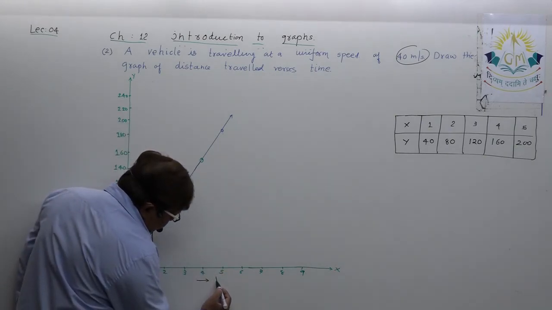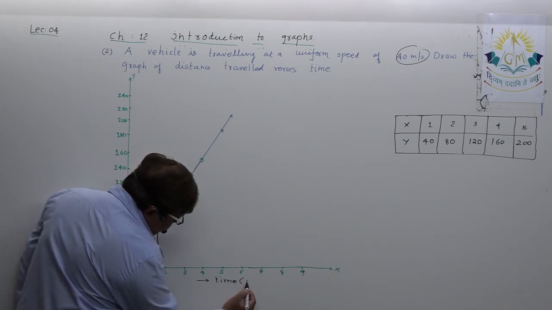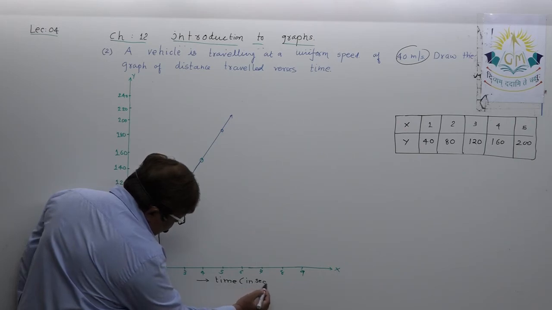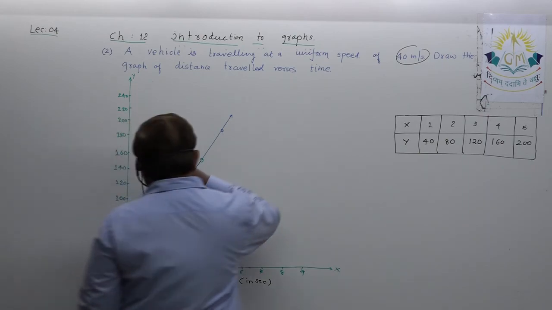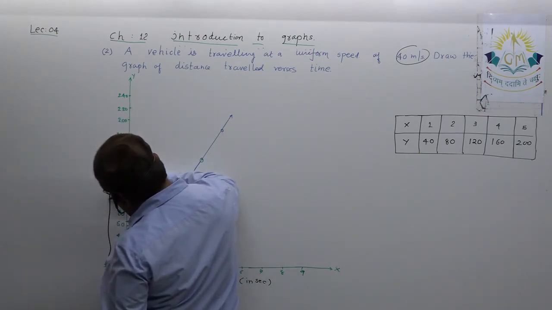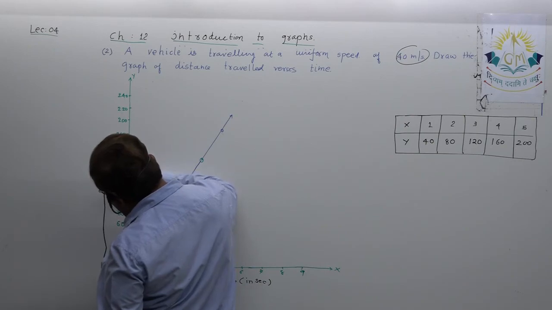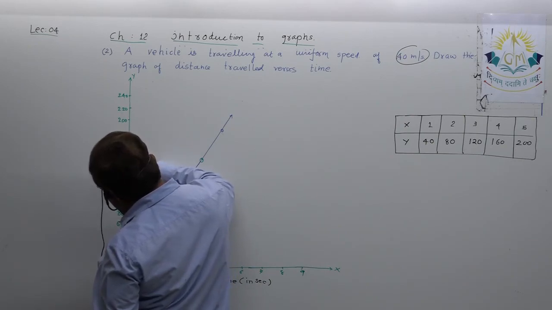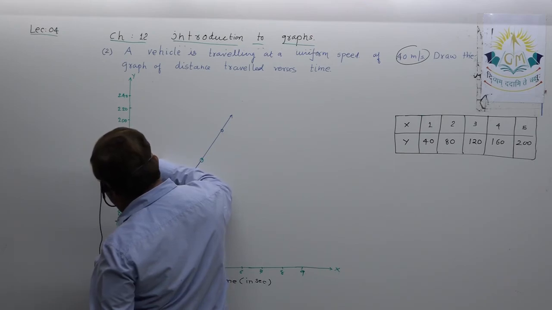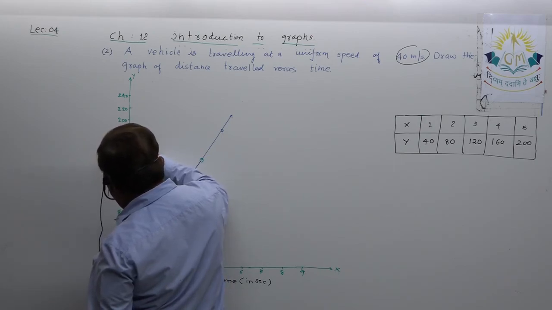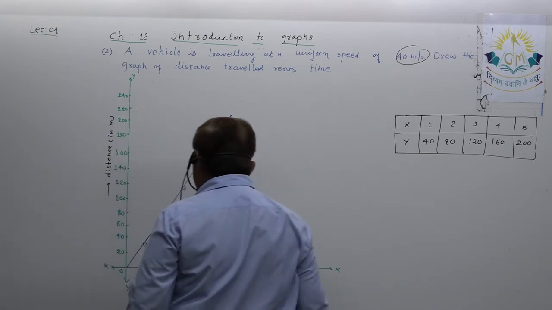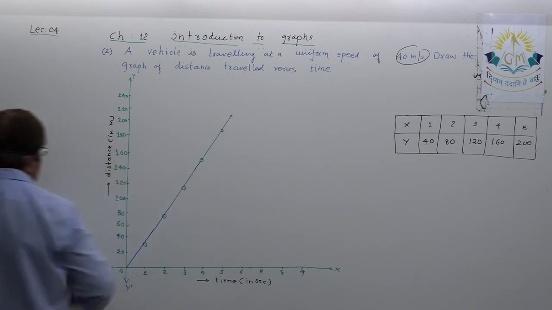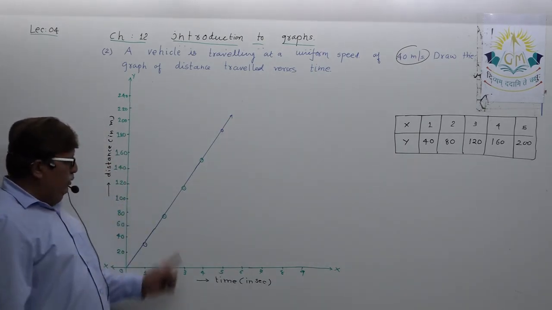So I would like to write this way: time, obviously in second, that is represented here on x axis, and on y axis, dear student, this way also you can write. Understood? On y axis you have represented what? The distance, obviously in meter. This way also you can write. Looks better, no problem at all.